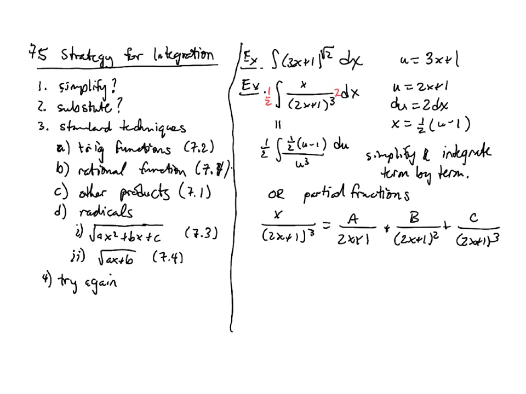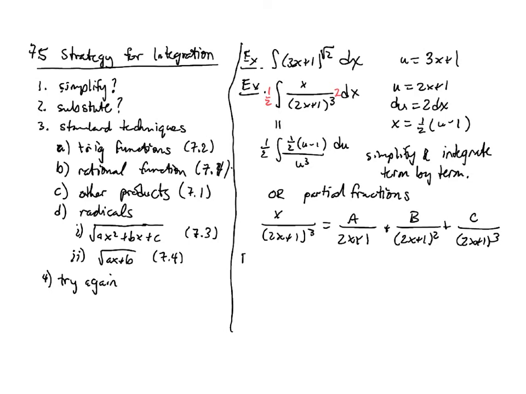So either of these techniques would be perfectly correct for evaluating this integral. I think that substitution is probably going to make the integral go faster, which is, if you have a choice, the strategy that you want to use is, of course, the fastest one, as long as you maintain your efficiency in getting a correct answer.